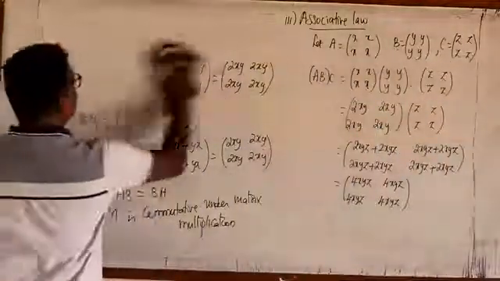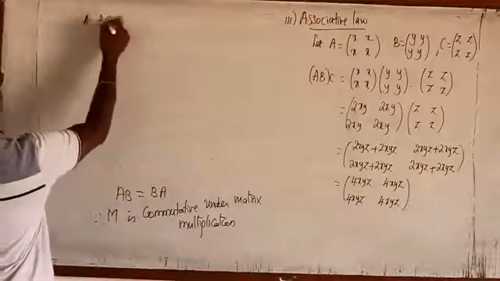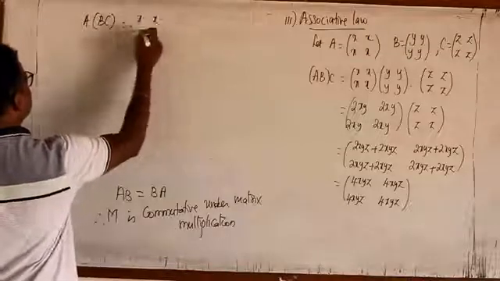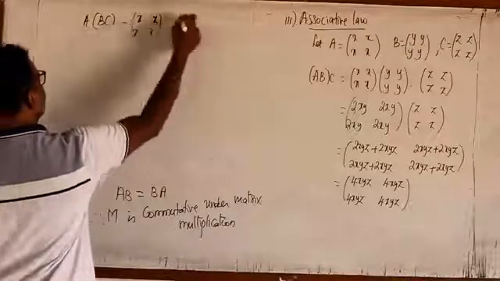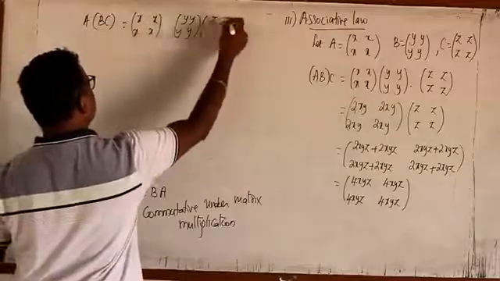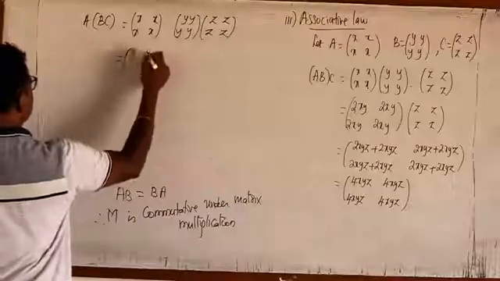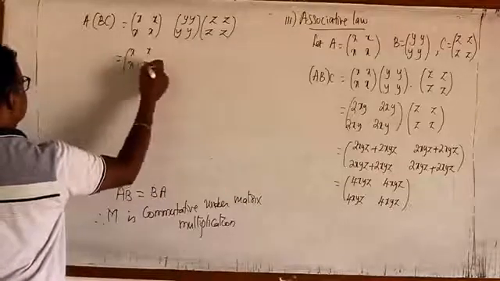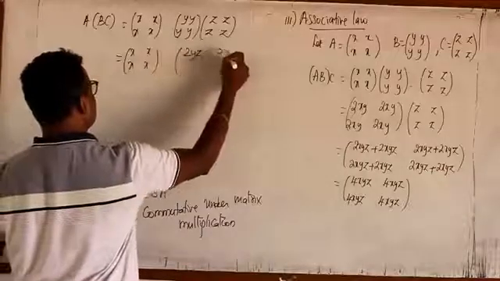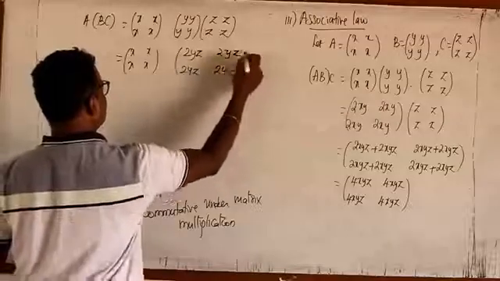Now, we shall go for the other one, that is A into BC. It is xx, xx into yy, yy into z, z, z, z. This will be xx, xx into 2yz, 2yz, 2yz, 2yz.